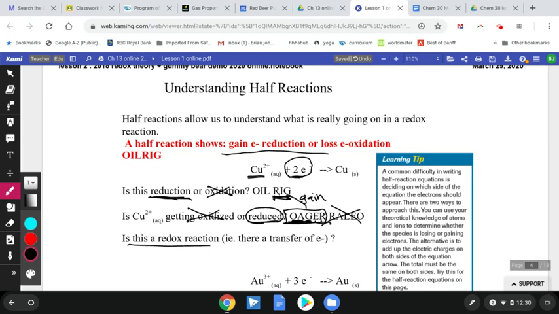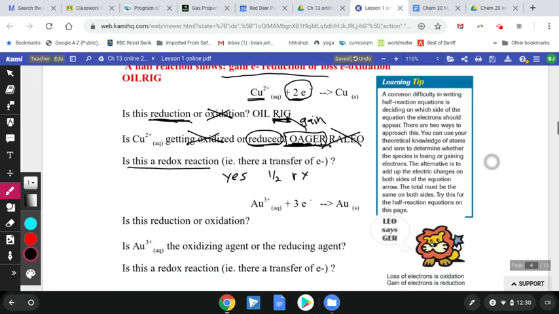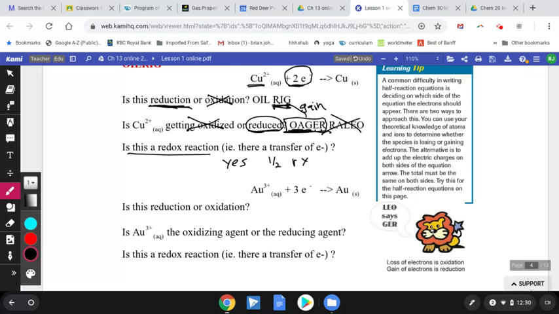Is this a redox reaction? Is there a transfer of electrons? Yes, but it's only half of the reaction. Okay, here's another one. Gold 3 plus, 3 electrons being gained on the reactant side. As soon as we recognize it's a gain, we know we're dealing with RIG and OA.